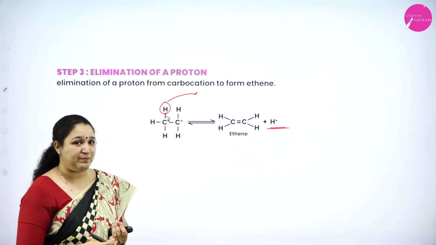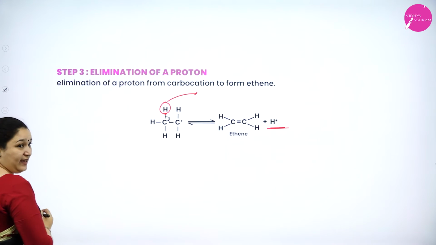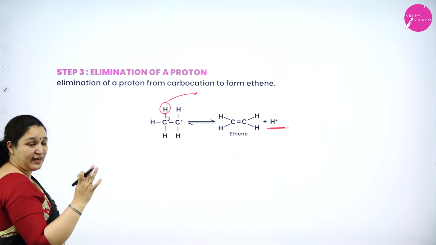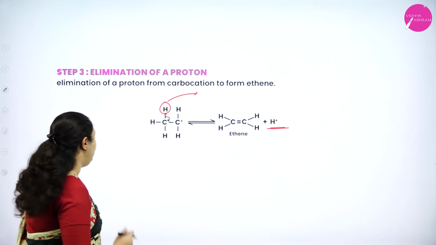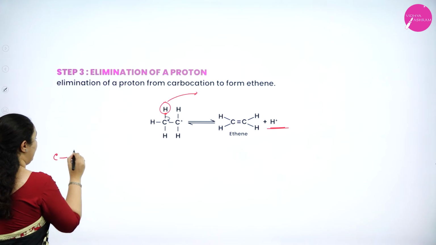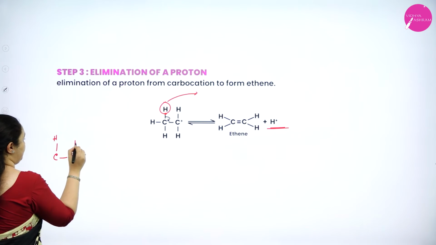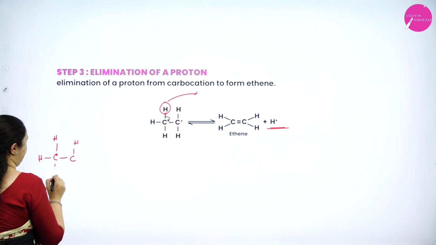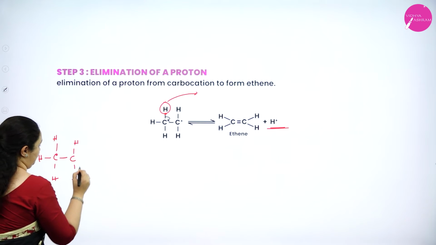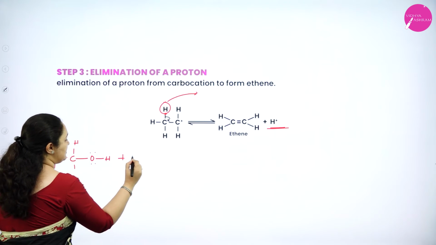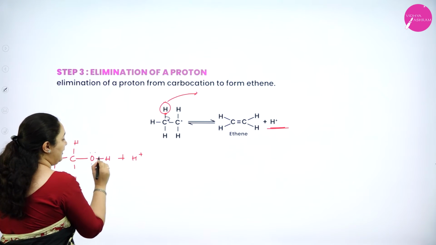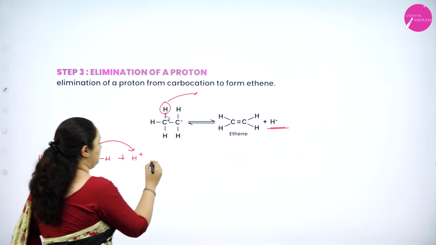First step, what is happening? I shall write again, in series. Don't write like this for your exam. For your exam, you have to put it in 3 steps. First, I have alcohol. First step, you get protonated alcohol.